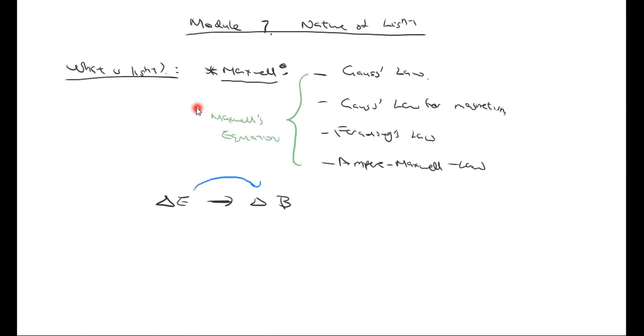But as you probably saw from electromagnetic induction already, that goes both ways, because a change in the magnetic field will generate a change in flux, and that change in flux will then, by Faraday's law, generate an EMF, which must result in a change in the electric field.